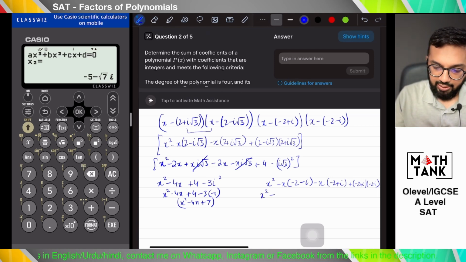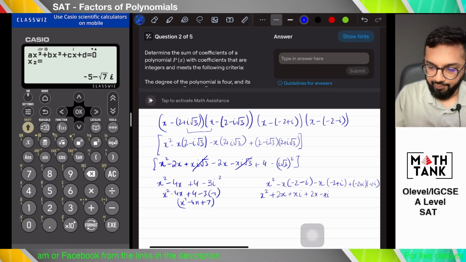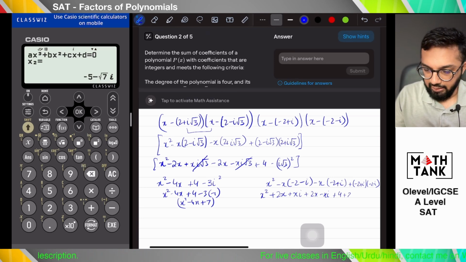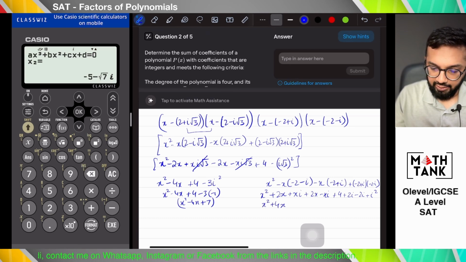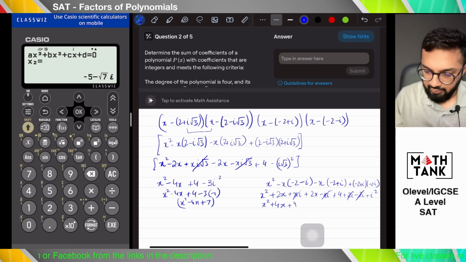So I get x squared plus 2x plus xi plus 2x minus xi, and then if I expand this, plus 4 plus 2i minus 2i plus i squared. x squared plus 4x plus 4 minus 1.